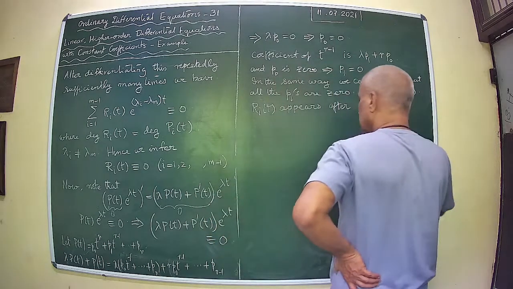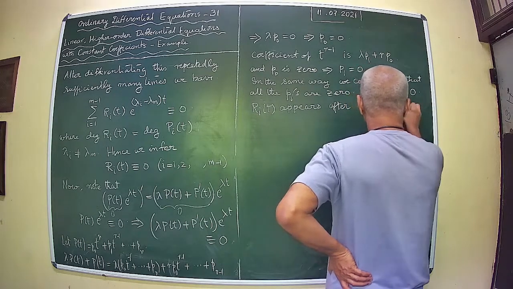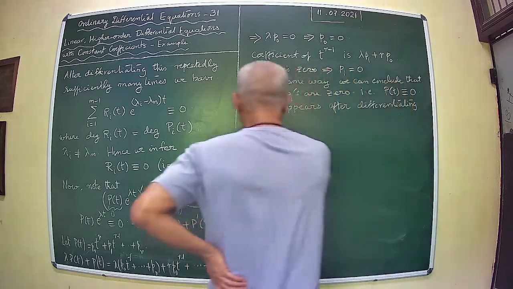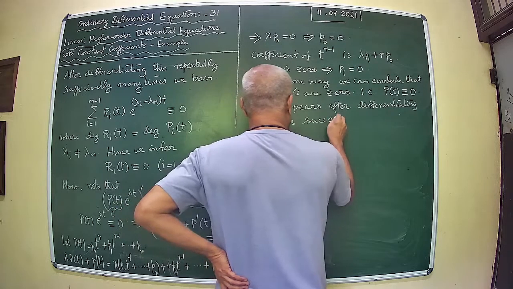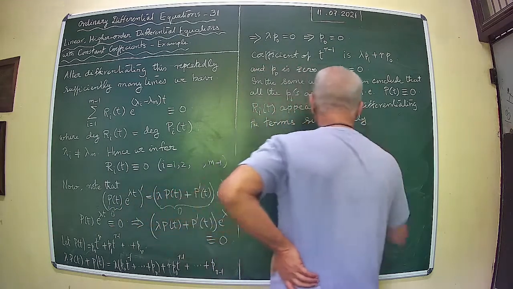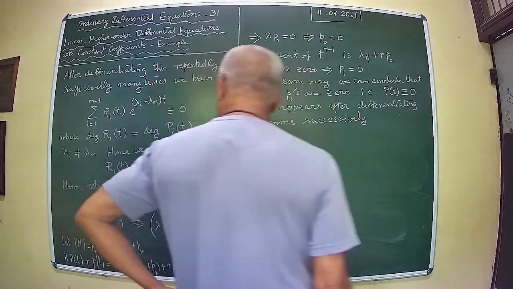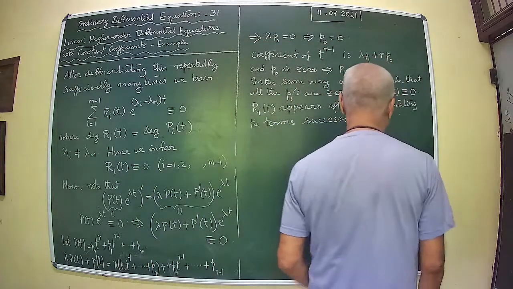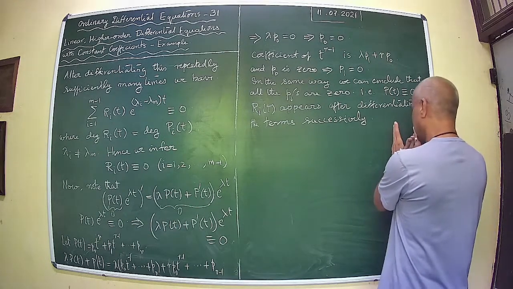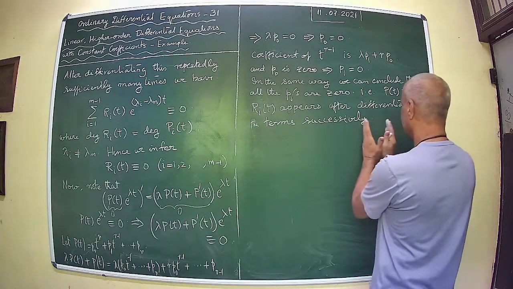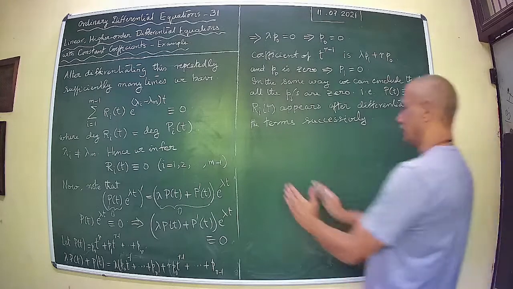After differentiating the terms, let me just write it in this way: say you start with P, differentiate it, call that P equal to P naught differentiated, you get P1, P2, P3 and so on, and eventually the last term is 0.